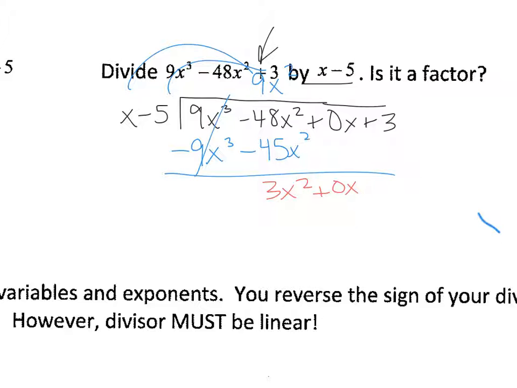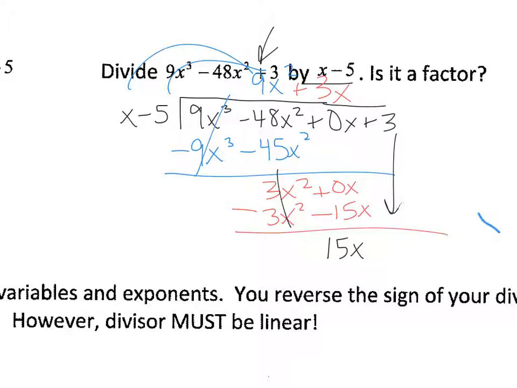So what do you multiply x by to get 3x squared? Well, you multiply it by 3x. So I'm going to have 3x squared minus 15x. Subtract. These cancel out. Now you have 0x minus -15x, which changes to 15x. Bring down the 3. So x times what is 15x?